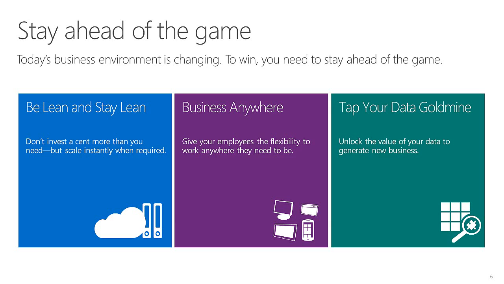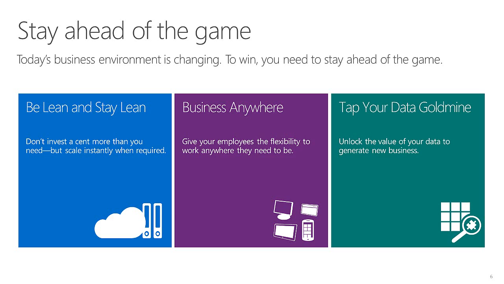And then finally, the last pillar of the campaign is to tap your data goldmine. So we know that businesses have a lot of information about how they've been doing and about how their customers are behaving, and just a lot of information that, if they could analyze well, would truly help them to take the next step in growing their business and being more successful.